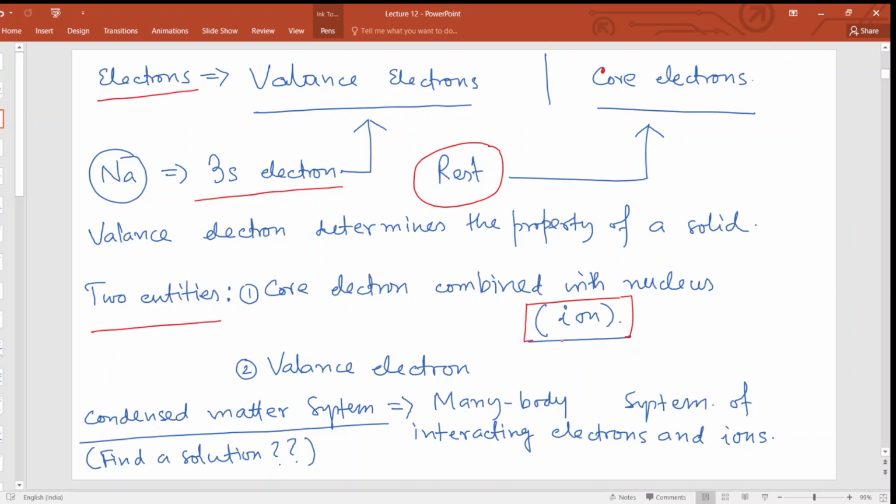So basically, an atom can be considered as a sum of an ion and valence electron. Now, in any condensed matter system, we can consider it as a many body system of interacting electrons and ions, and we have to find a solution of that.